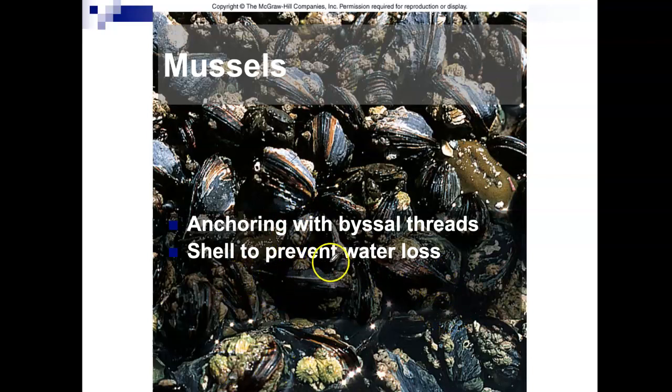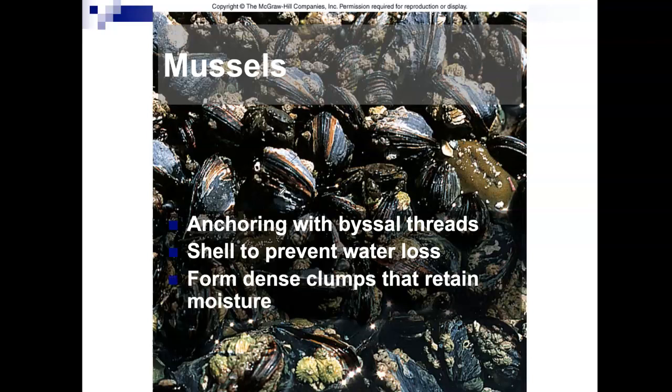And then oftentimes, higher up in the intertidal zone, mussels will actually have thicker shells to prevent water loss. And then they're going to form these nice dense clumps, like we just talked about, to help retain moisture. And again, they're going to use that clam up strategy. So close those two valves and clam themselves up.